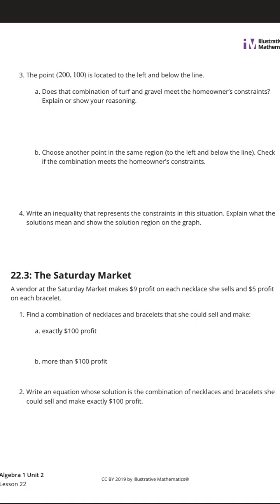If we look at a point on the other side of the line, this one's asking us to look at the point 200, 100. Same questions. Does that point meet the constraints? Because it's not on the line, all the points that meet the constraints are on the line.